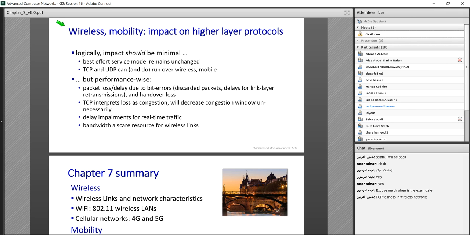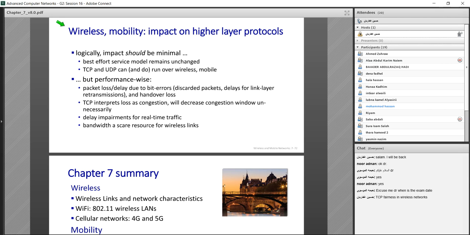Those papers say that, okay, we tested traditional TCP strategies, especially congestion strategies of the TCP protocol, on wireless networks, and we see that those protocols are strongly affected by the behavior of wireless platforms.